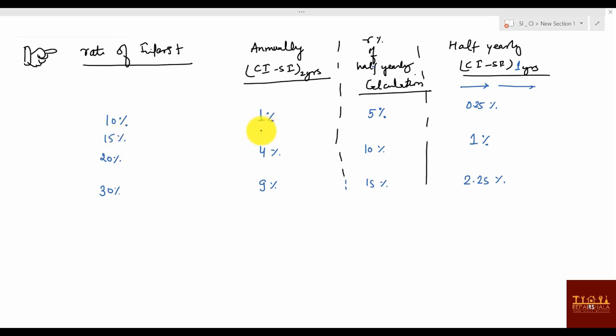Let's take some other middle value, suppose 15%. The SI value will be 15 and the half yearly rate will be 7.5%. The CI value will be 7.5 plus 7.5 plus 7.5 into 7.5 by 100, or you can say 7.5 whole square divided by 100. 7.5 whole square is 56.25.